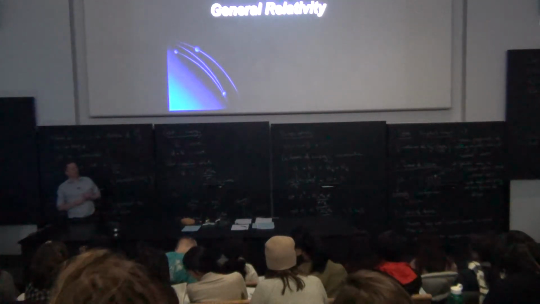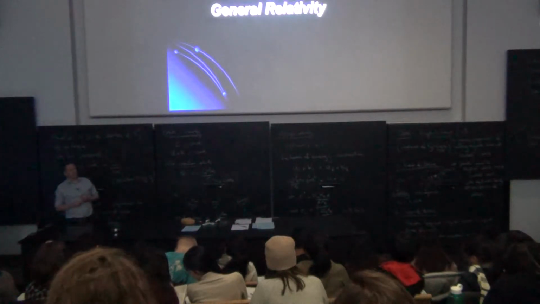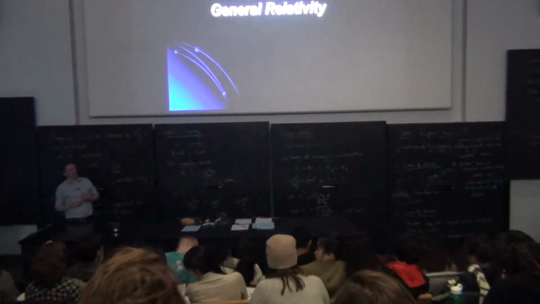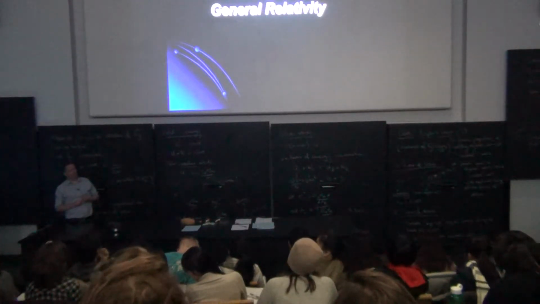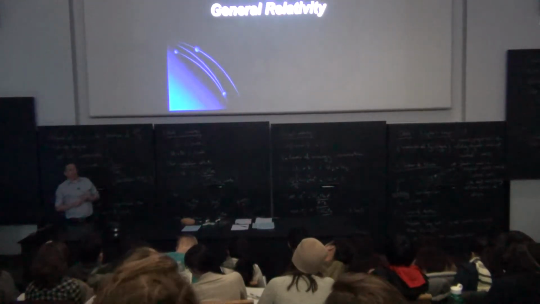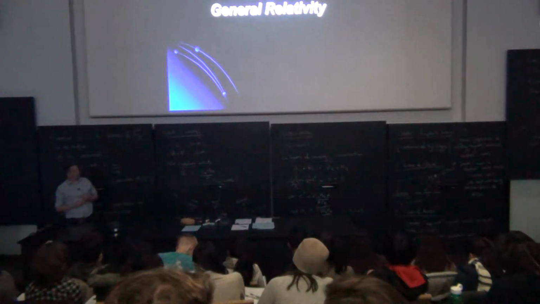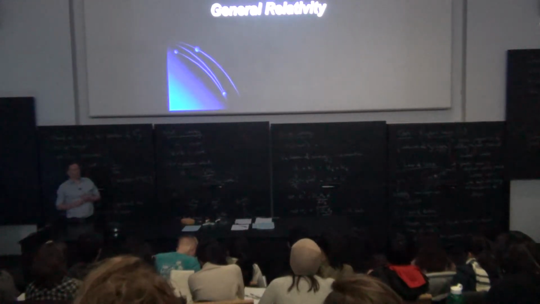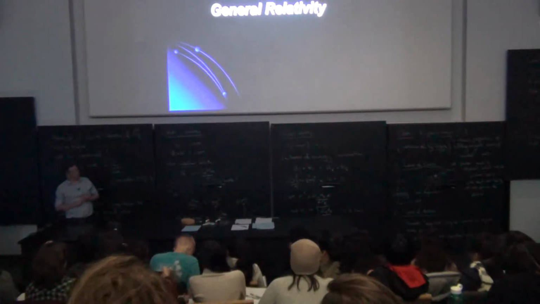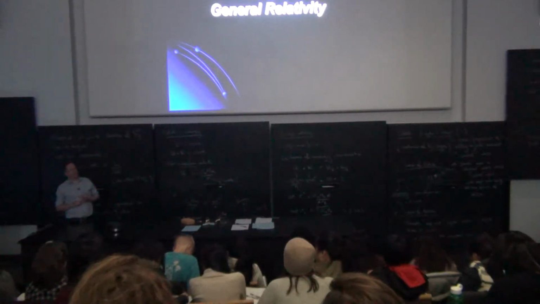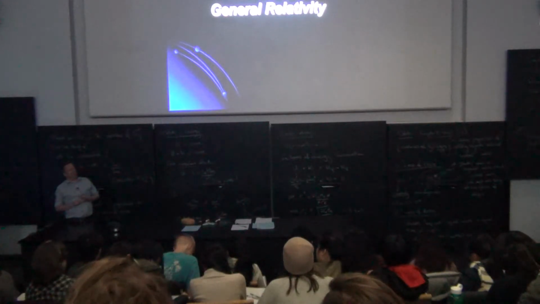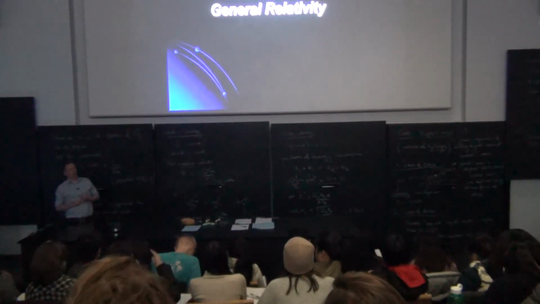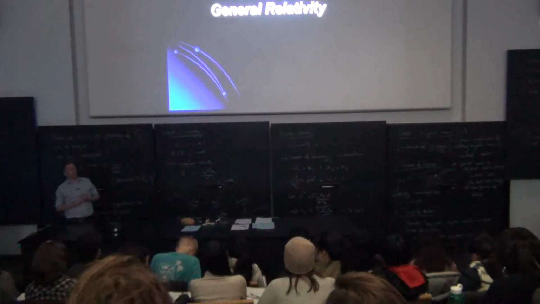It posits the idea that gravitation has more to do with the structure of space, and more generally space-time, which is a much more interesting concept than we've been thinking about up until this point. The primary idea of general relativity is that gravitation is a manifestation of space-time not being rigid.